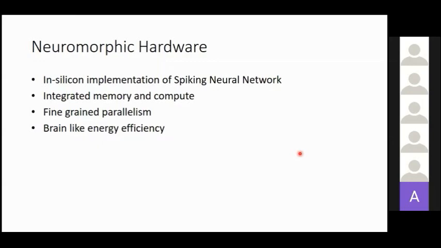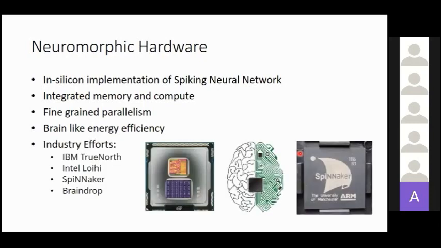We find that even in this budding stage of research, neuromorphic hardware is orders of magnitude more energy efficient than a conventional deep learning solution on edge devices like Movidius or NVIDIA Jetson. That's why neuromorphic hardware is very promising for on-the-edge computing, and there are different industry efforts doing that.